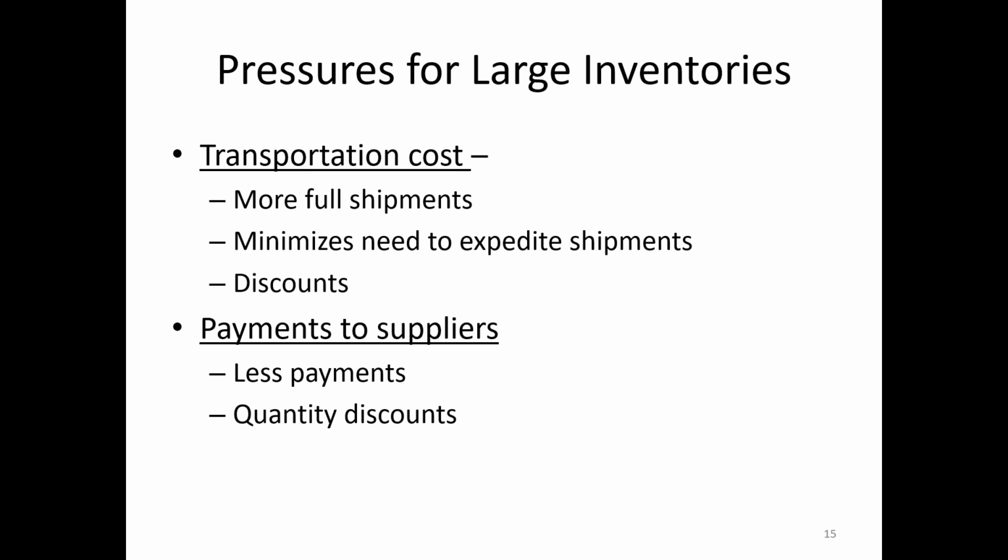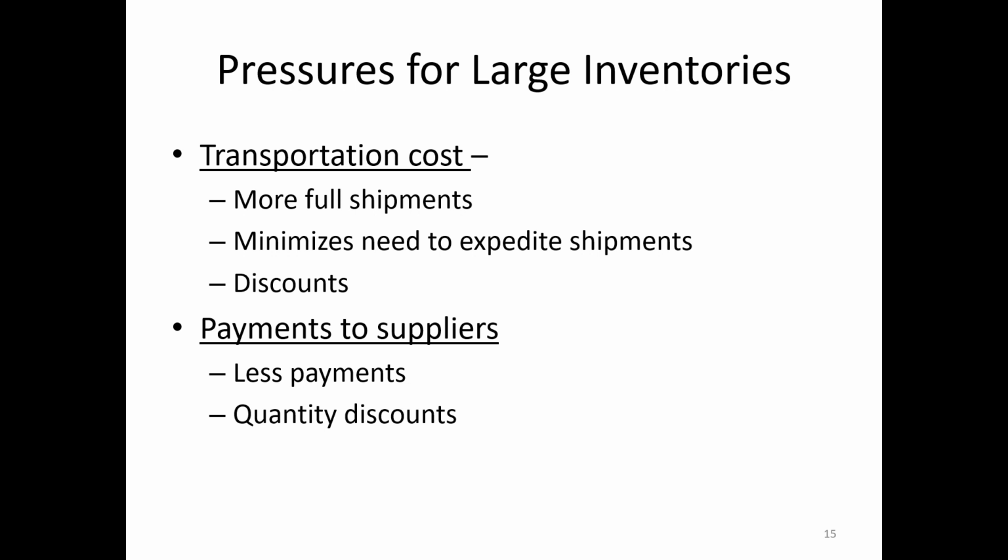A little bit of accounting is involved in the payments to suppliers. Clearly less payments, less checks, less mistakes, less invoices to track, and there's the whole overhead cost that's associated with that. Also, and this is not an insignificant bullet, even though it's our last bullet of this particular part, is quantity discounts. Right?